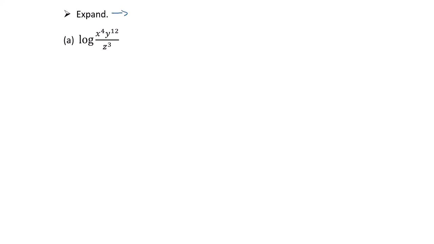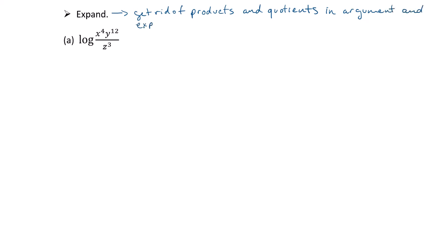When we say expand, this means to get rid of products and quotients in the argument and exponents on the arguments.